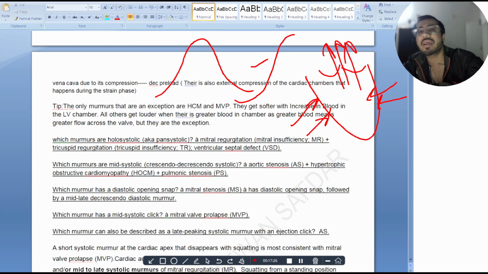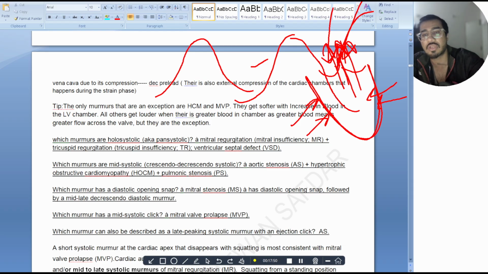And then when the contraction stops and the back pressure hits the valve, the blood flow across the valve paradoxically starts reducing, since the ventricular force has now diminished and the back pressure is coming into action. So the flow across the valve starts decreasing again, and slowly the sound of the murmur also decreases.